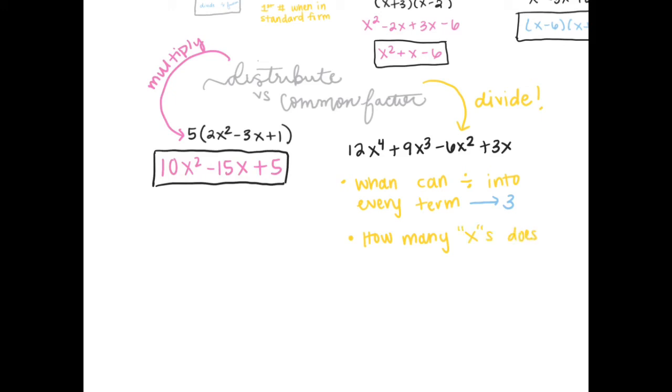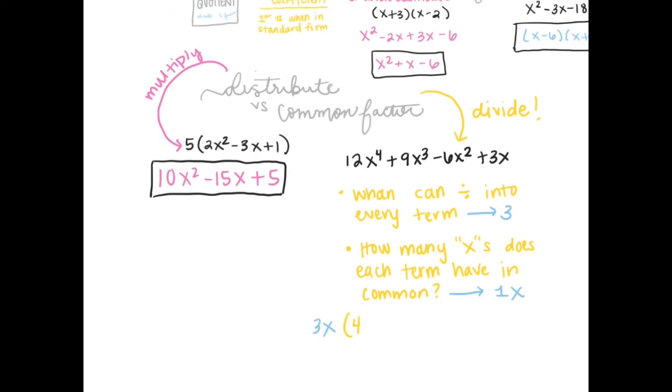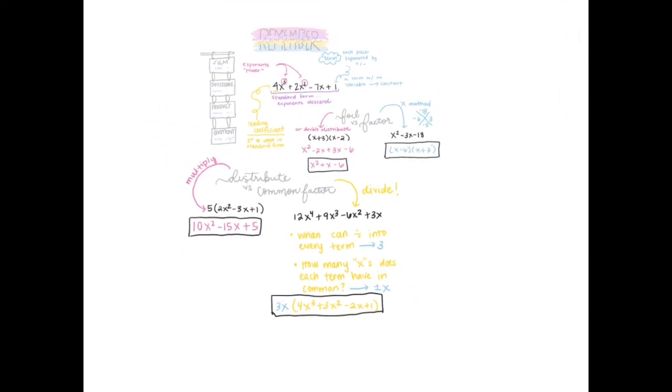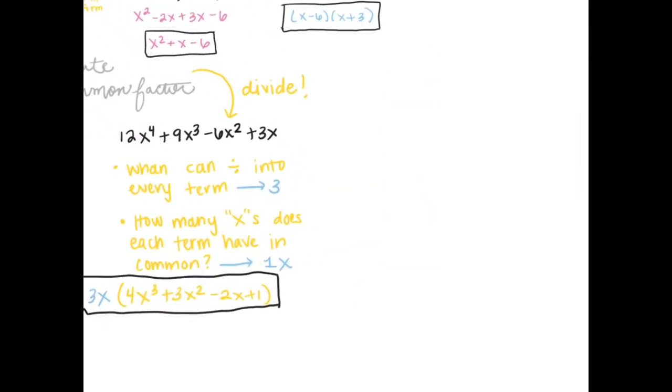So I've got 4 x's, 3 x's, 2 x's, and 1 x. So each term has 1 x in common. Then I take those 2 pieces, put them together, and take them to the outside. So my common factor in this problem is 3x. Then as I take that out, what I have left is 4x cubed plus 3x squared minus 2x plus 1.